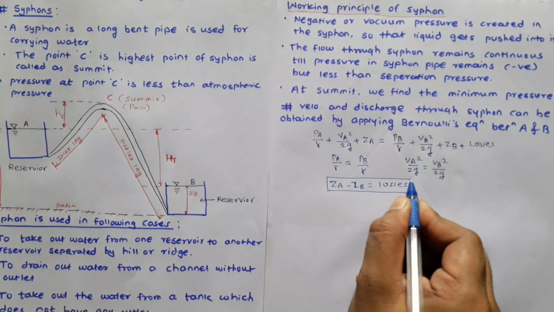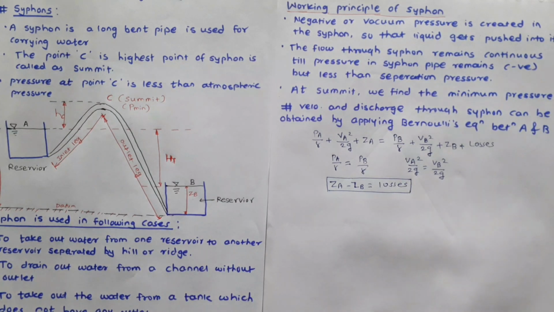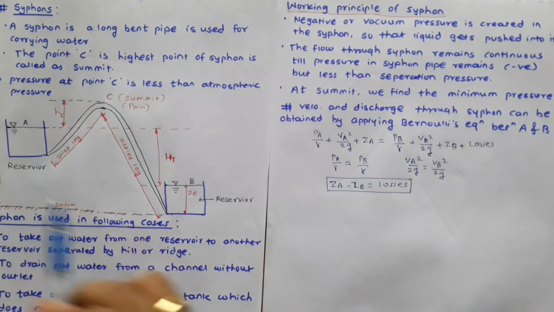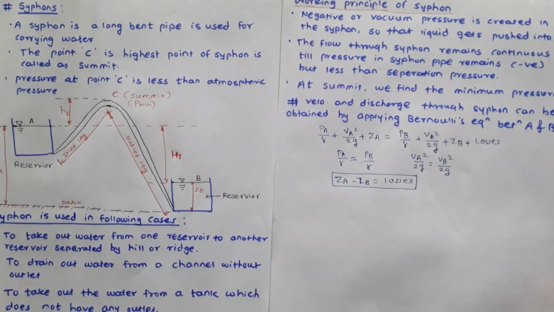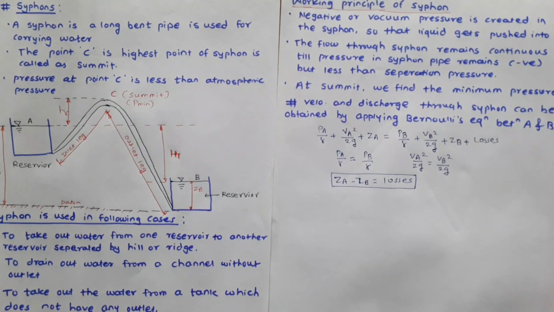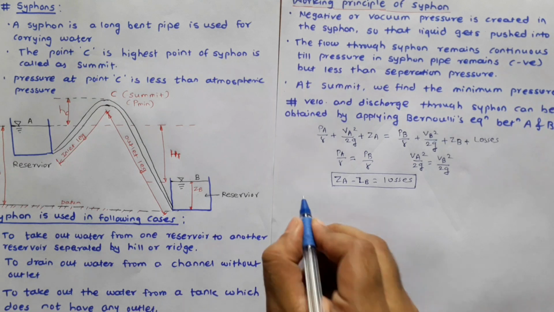Now when the water transfers from reservoir A to reservoir B, the major and minor losses are involved, then we can calculate a loss value.